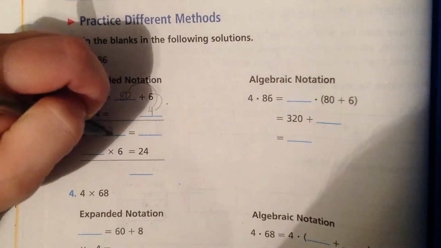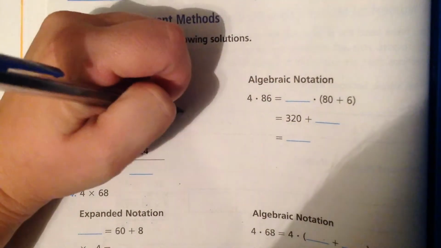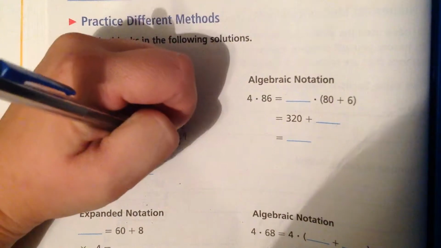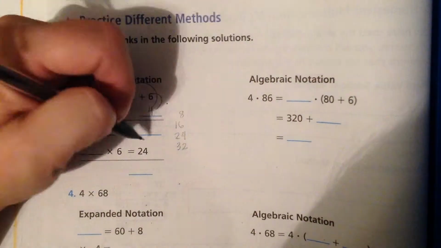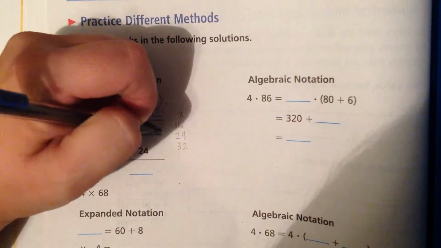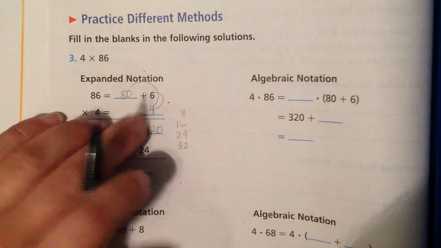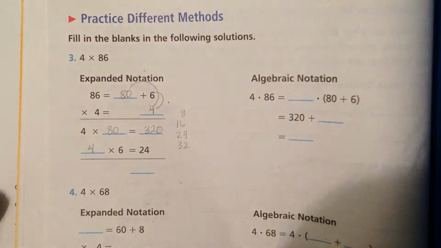So 80 times 4 equals, well, I know my 8s are 8, 16, 24, 32. So I know that 8 times 4 is 32, and add my place value back on of 0. My second one was blank times 6. Well, I know that I need to put my 4 in there. 4 times 6 is 24.